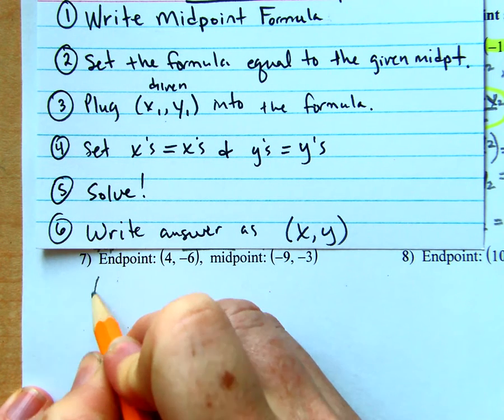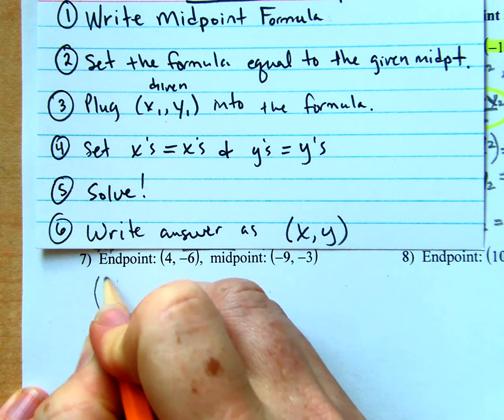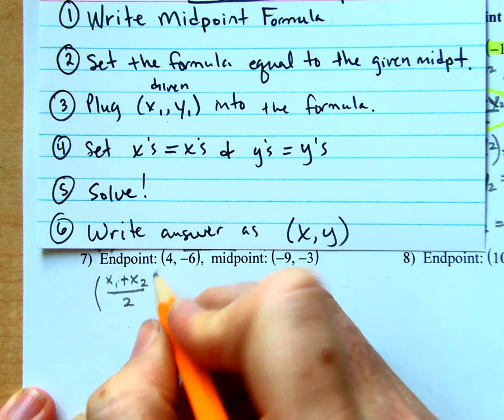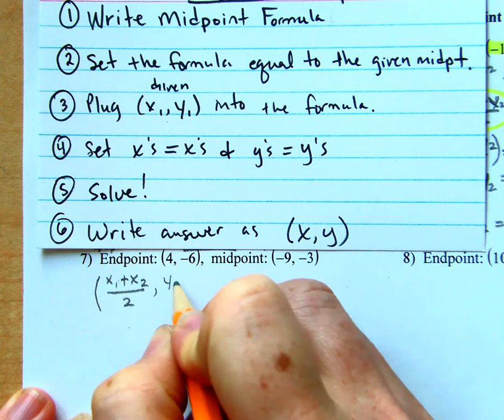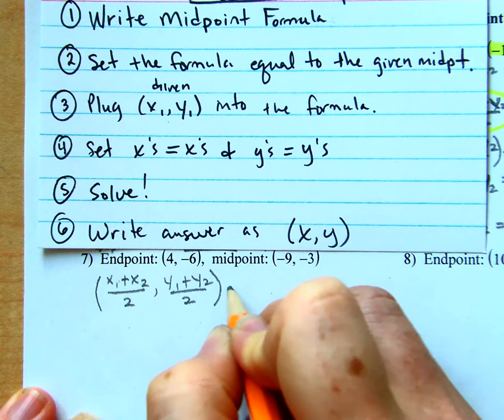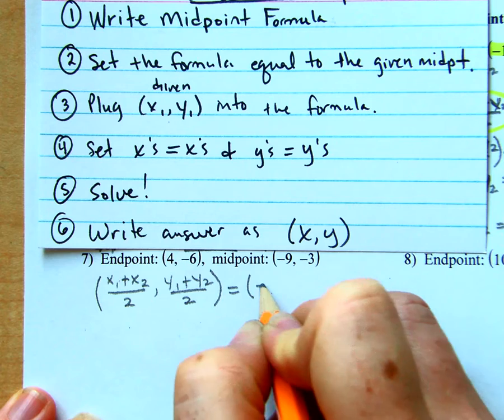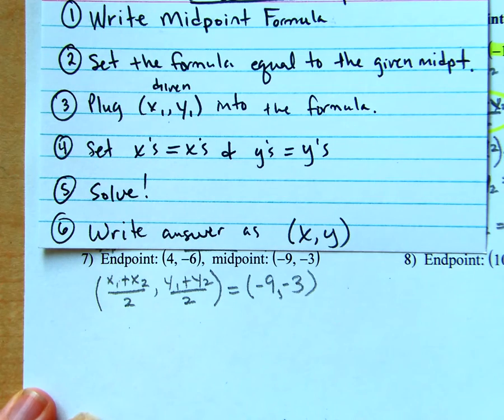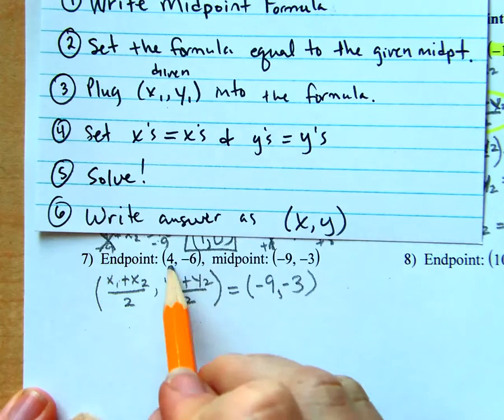So, I'm writing my formula, x1 plus x2 over 2, y1 plus y2 over 2, and I'm setting it equal to the given midpoint, which is negative 9, negative 3. And I know x1 and y1, right?